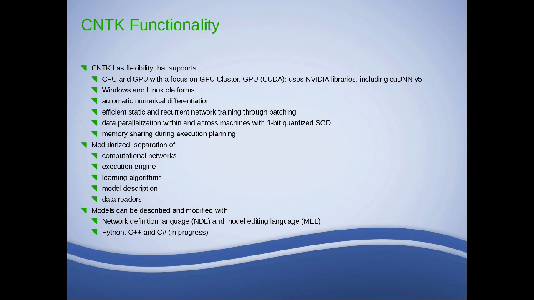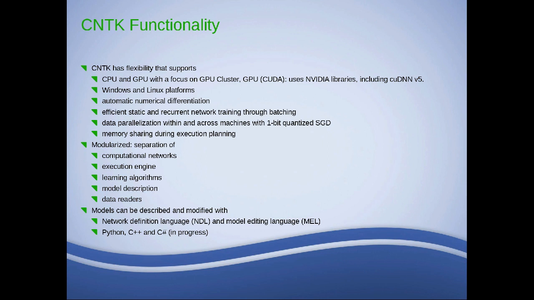Fourth, automatic numerical differentiation. Fifth, efficient static and recurrent network training through batching. Sixth, data parallelization within and across machines with 1-bit quantized SGD. Seventh, memory sharing during execution planning.